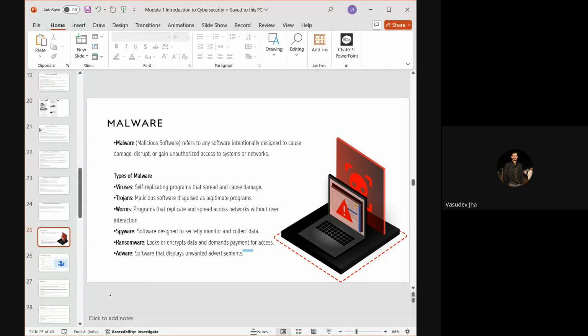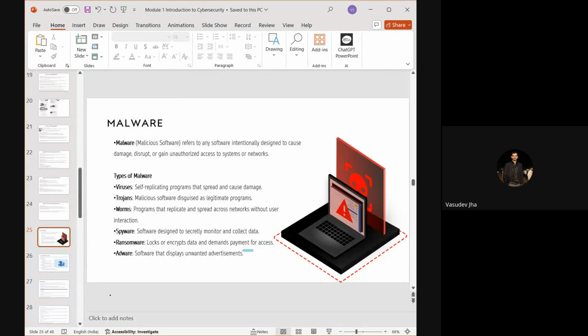Then ransomware: if some code encrypts the data and demands money, that is a kind of ransomware. And adware is designed to show unwanted advertisements. So these all are malwares in cybersecurity.